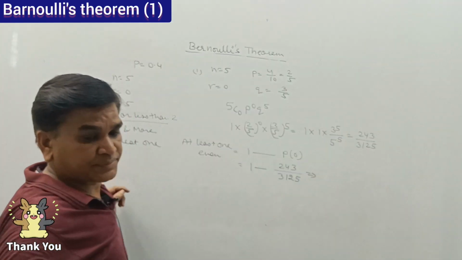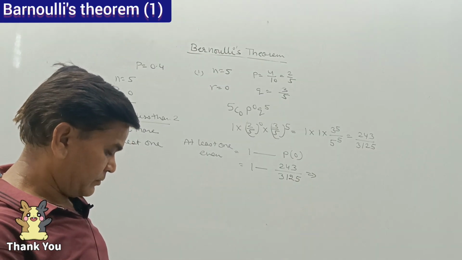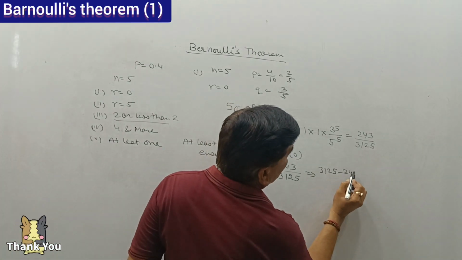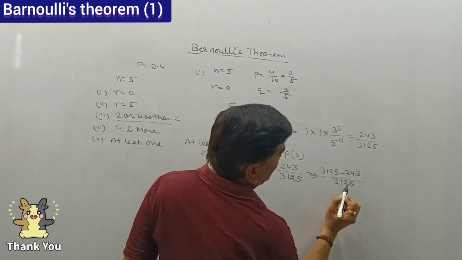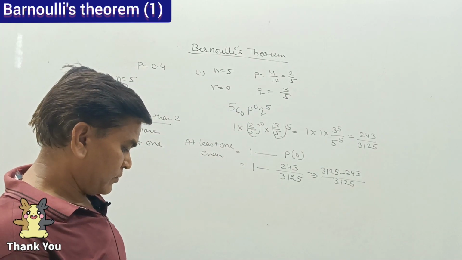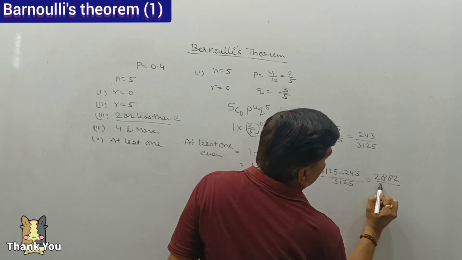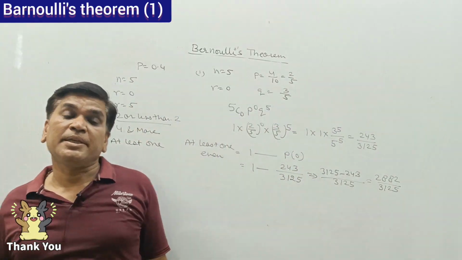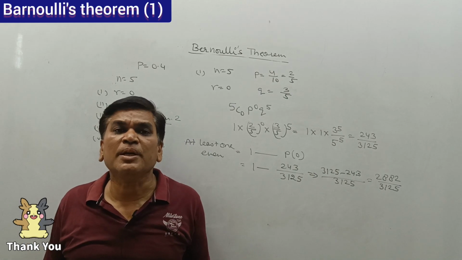So that is 3125 minus 243 upon 3125. 2882 upon 3125 will be the answer.